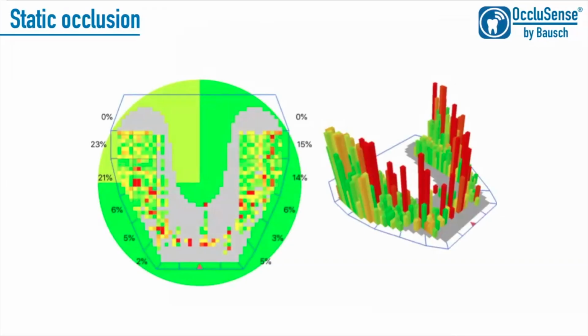But if we look at the percentage scalings annotated around the dental arch, we can see 23 and 21%, that's 44%, nearly 50% of the entire pressure of this dental arch located right there. Only because we don't have that many red spots there, it only means we don't have punctal contacts. But the total pressure being applied here is actually quite high.